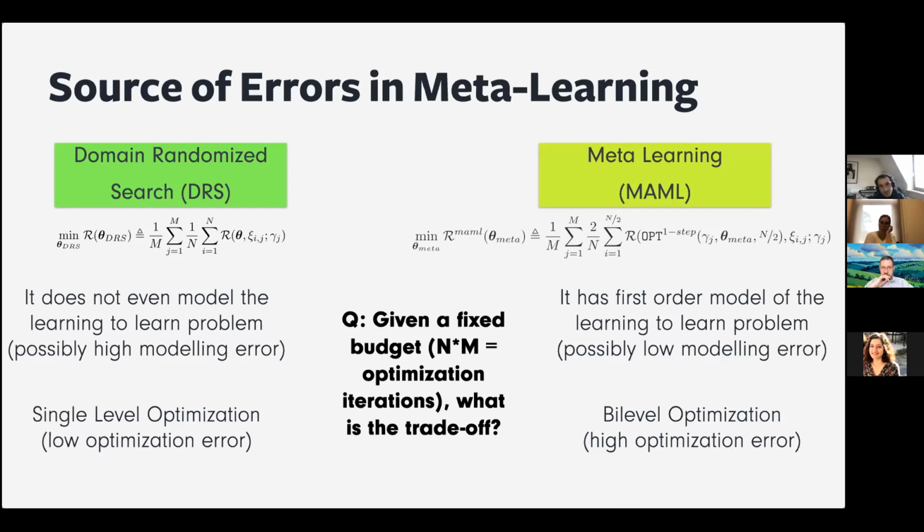But at the same time, I actually decrease the modeling error because I am modeling this learning to learn problem. I have this hierarchical class structure. My algorithm knows that I am trying to find an initialization. So I like to have a low modeling error. So there is a clear trade-off between this modeling error and the optimization error.